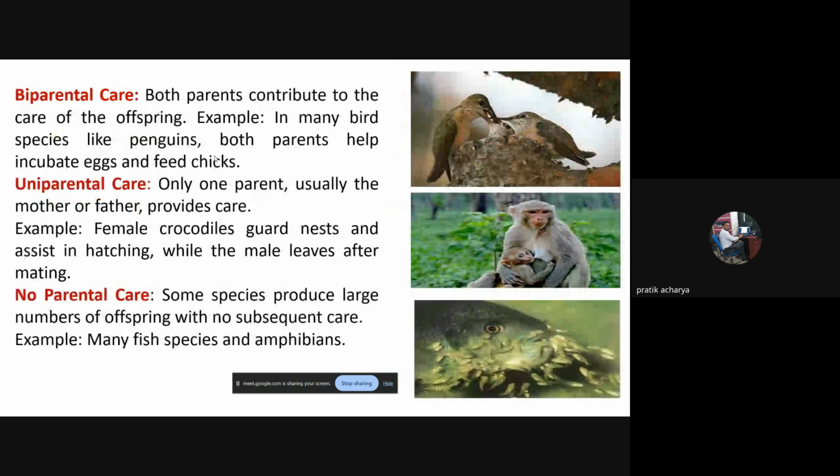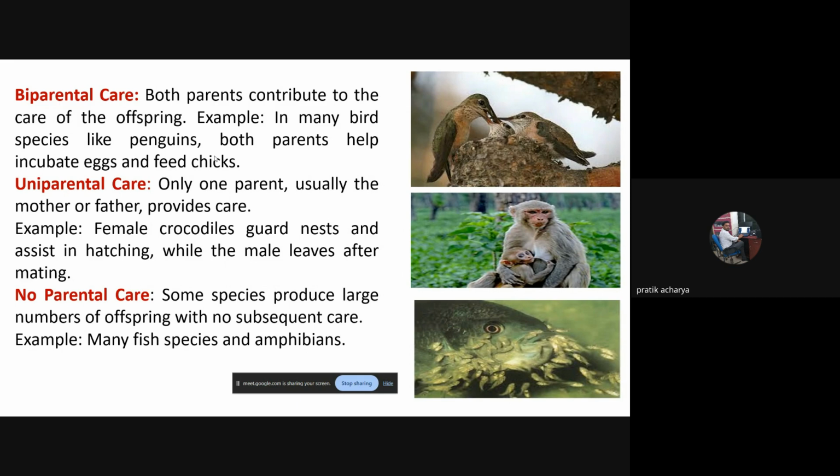One is biparental care. Biparental care means when two parents are involved, that means both male and female are involved in caretaking. That is biparental care. Most organisms like penguins, both the parents are involved in taking care of the baby.